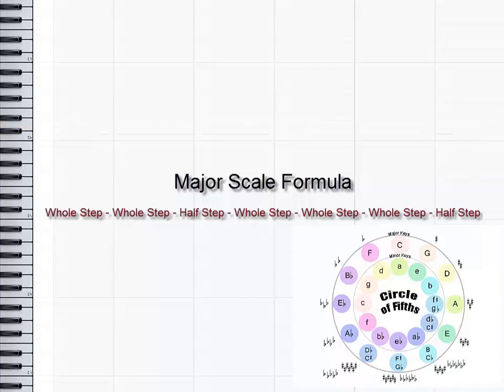D major. So now we have confirmed, just as the circle of fifths has shown to us, that D major has two sharps, C and F, C sharp and F sharp. And its parallel key is B minor.